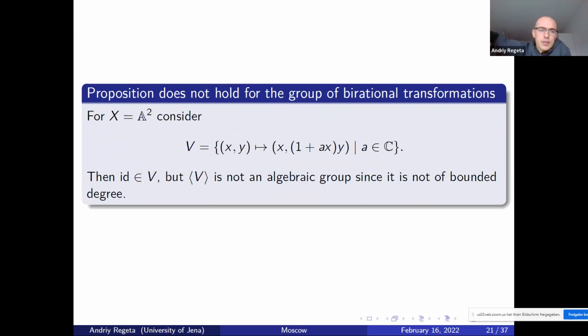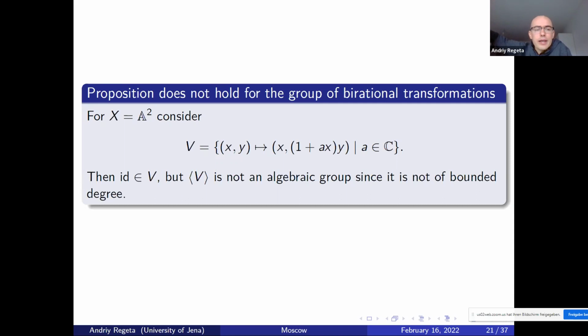This main ingredient theorem does not hold for the group of birational transformations, unfortunately. Here is the example. Take X equals A^2 and consider a subset V in the group of birational transformations, the second Cremona group, of elements of the form (x,y) mapped to (x, (1+ax)y), where a is any complex number.